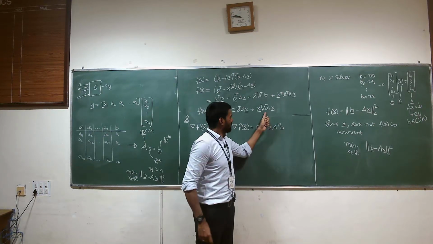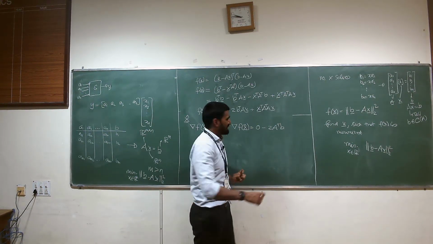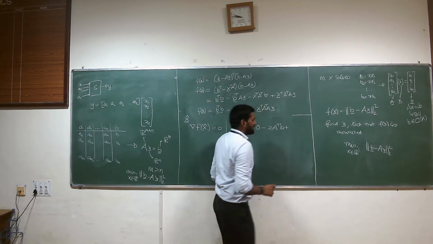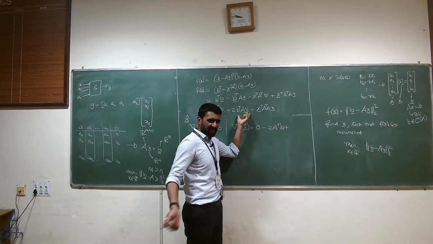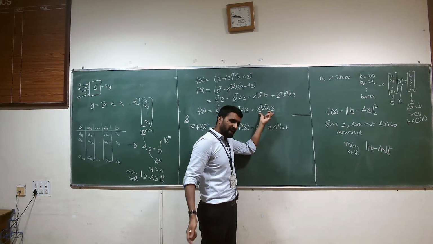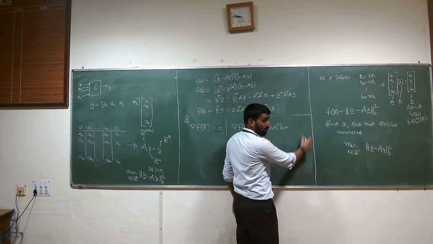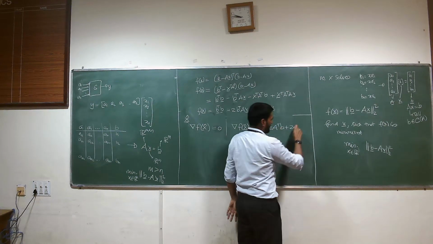What about the third? This is like ax, where the derivative of ax is a. This is like ax square, so you will get a column vector. What you will get is 2 times, because there are 2 x's.